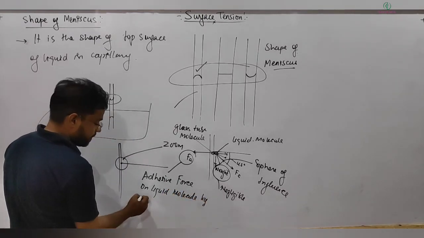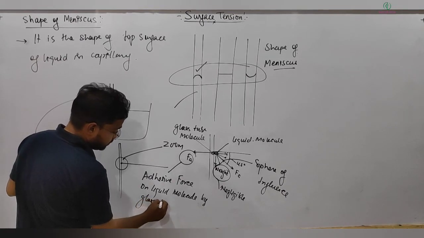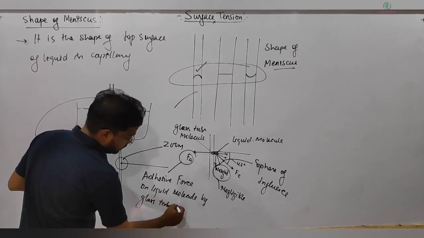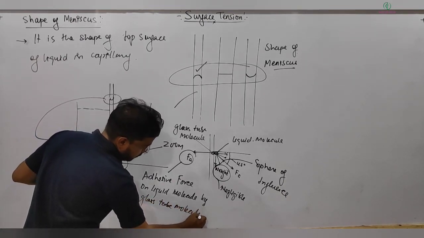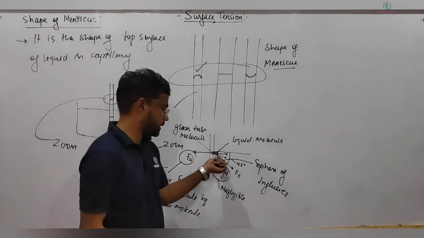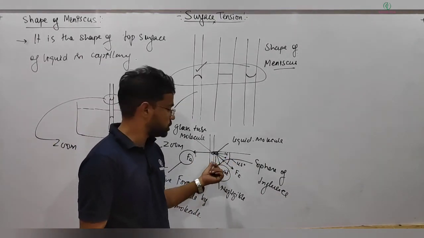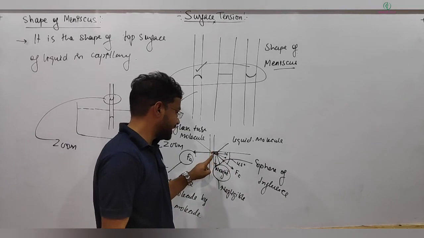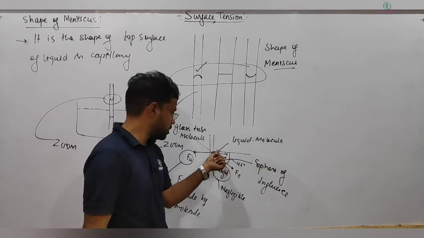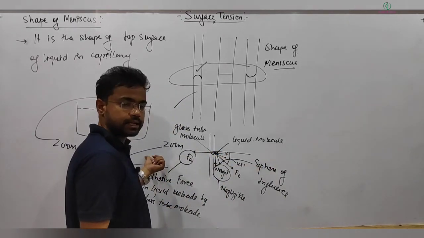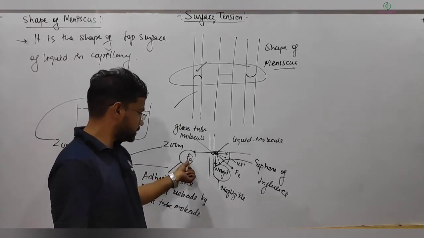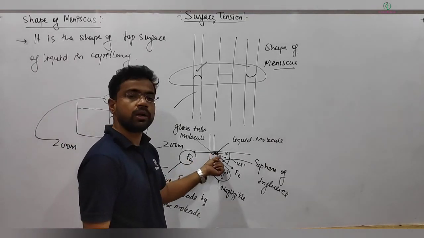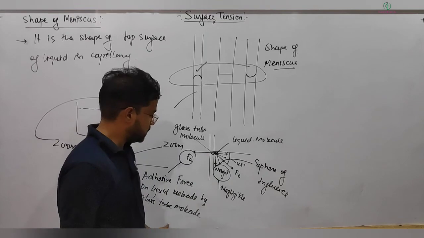by glass tube molecule. Adhesive force will also be a mutual interaction force, and on the glass molecule it will be in this direction, on the liquid molecule it will be in that direction. So this is the adhesive force on liquid molecule by glass tube molecule.